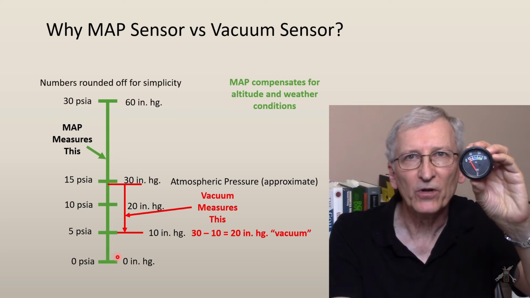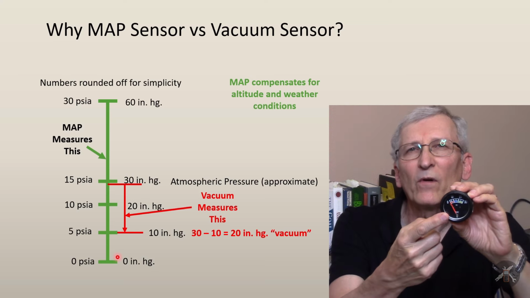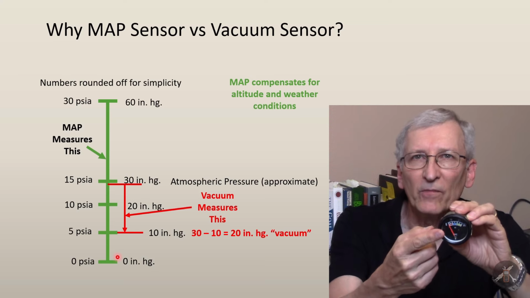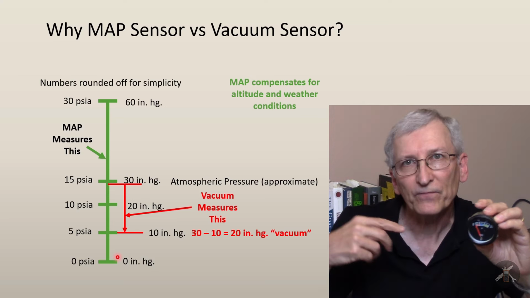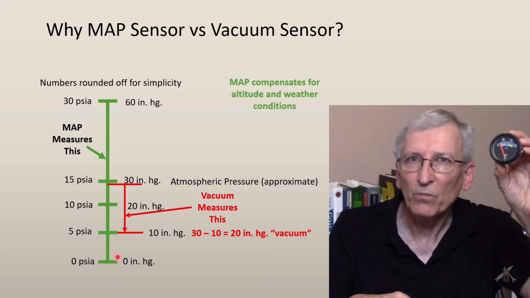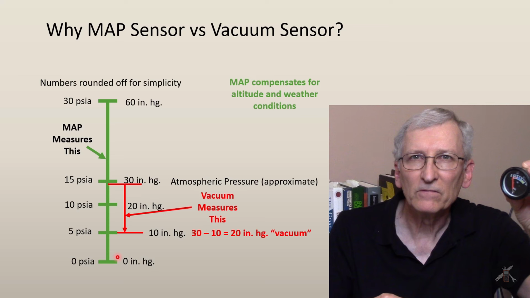On my little gauge up here, if it read 30, which it would never run, but if you're running a manual transmission and you stick it in low gear and you tack it up and close the throttle, you'll pull 25, 26, 27 while you're running downhill.